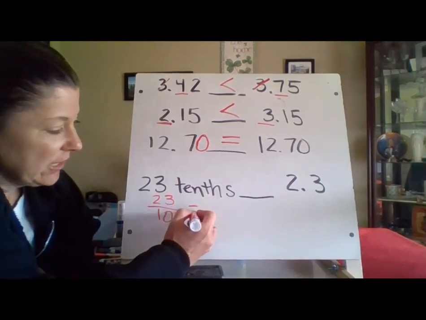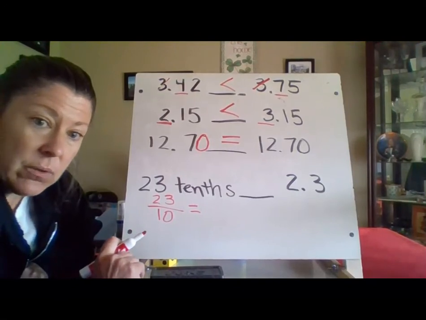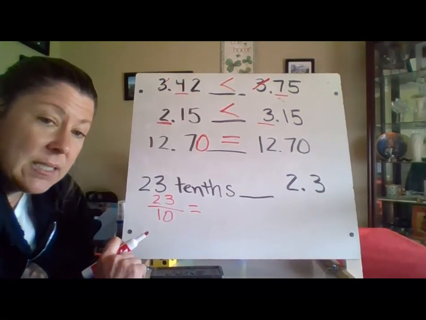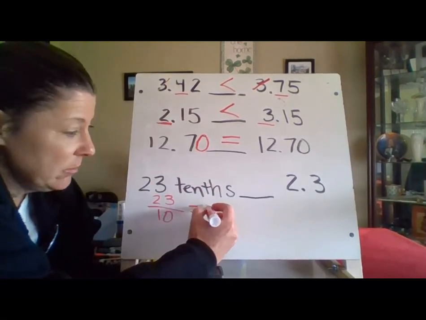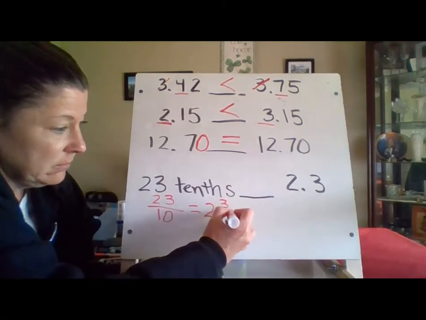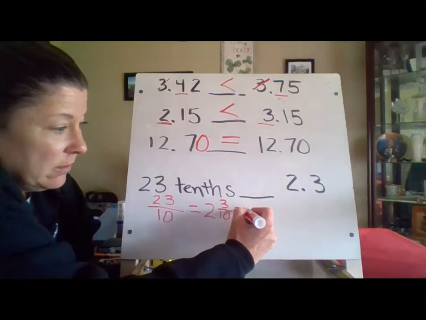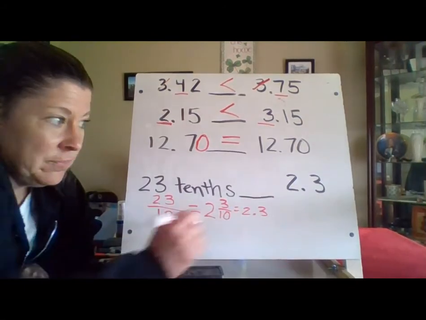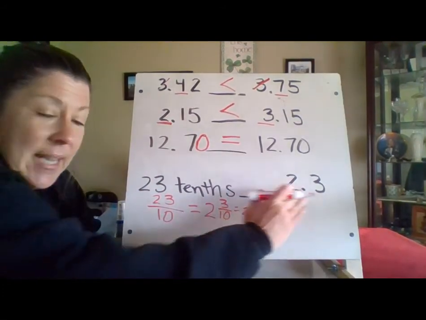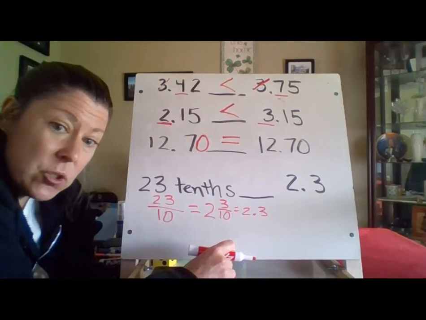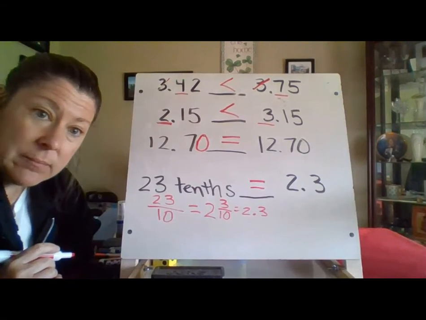And that fraction, which is improper, I'm going to change into a mixed number, and then a mixed decimal. 23/10 is equal to 2 and 3/10, which is equal to 2.3. So 23/10 and 2 and 3/10, or 2.3, are absolutely equal.